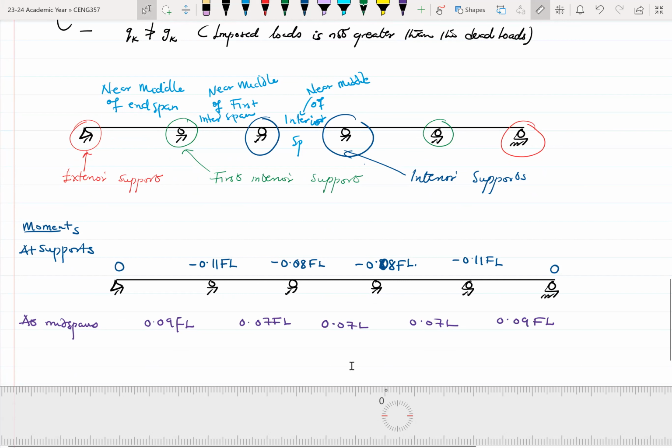Let me just cross check this information quickly to make sure that I have the right set of data.